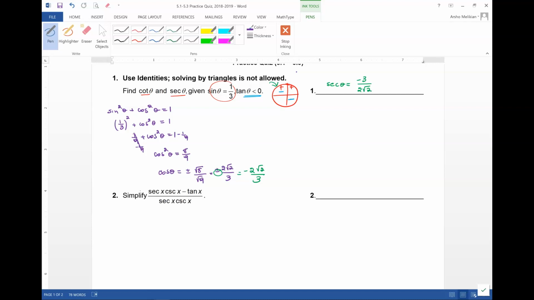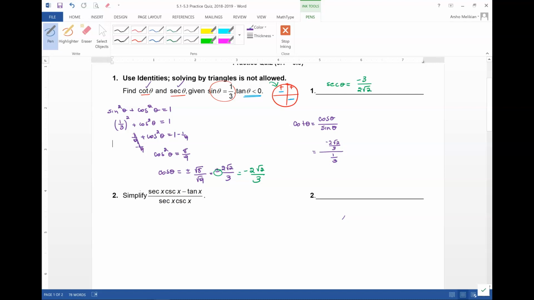Okay, I found secant. Now I need cotangent. So now you can use cosine over sine. Cotangent is cosine over sine of theta. So cotangent is cosine, negative 2 root 2 over 3, over sine, 1 over 3.